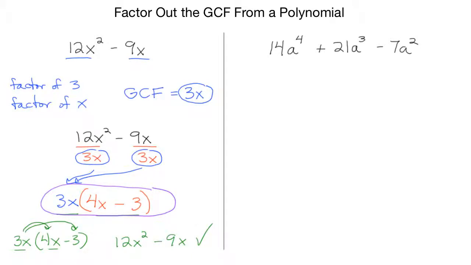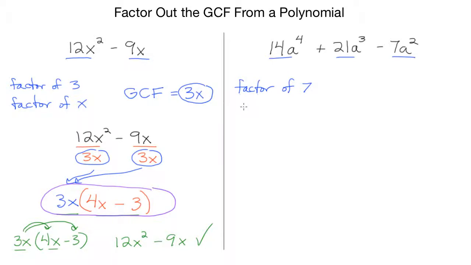All right, let's take a look at another one here. Let's look at my trinomial. So I've got three terms. Looking at all three terms, I want to find the greatest common factor. Start with 14, 21, and 7. Well, they all have a factor of 7. 7 goes into 14, 21, and 7.